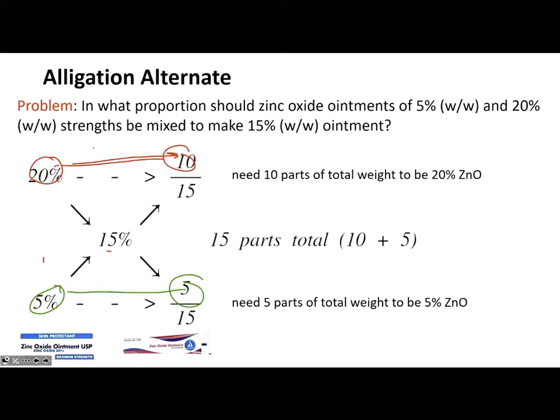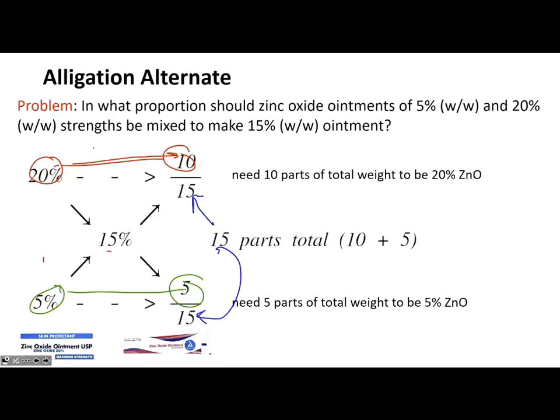The total number of parts goes in the denominator, and it's the same number that goes in the denominator of each fraction. So in the end, I have 10 over 15 as my proportion for the 20%, and 5 over 15 as the proportion for the 5%. That's an important proportion. Remember, this is about proportions. I can now make any amount of ointment be 15% as long as I use 10 out of 15 parts as the 20% and 5 out of 15 parts as the 5%. Okay, and we will put these into action here in a minute, but it's important that you understand the relationship.